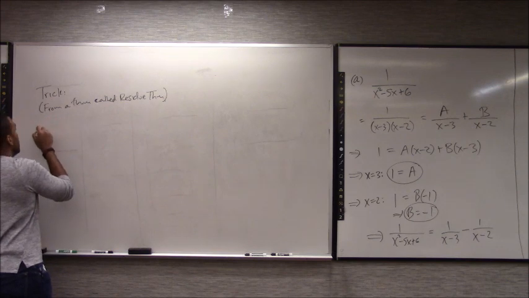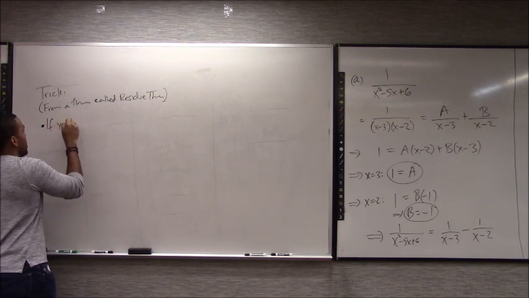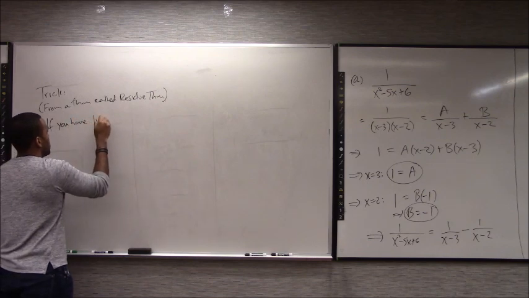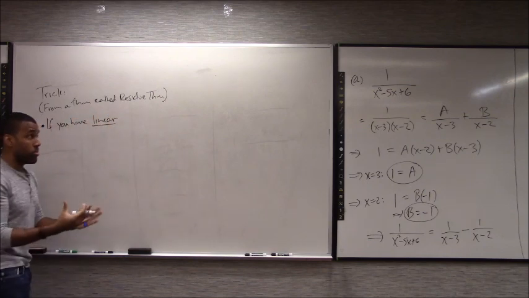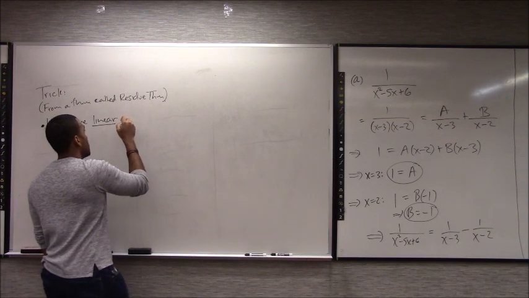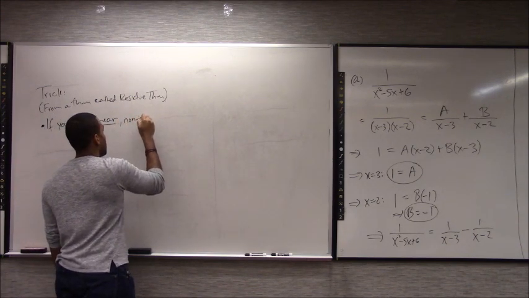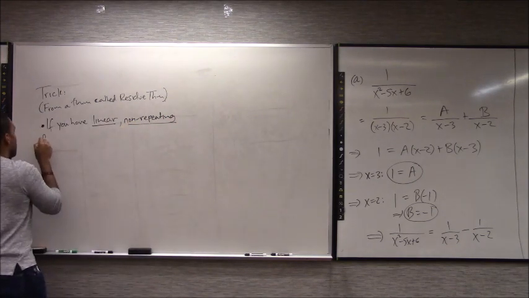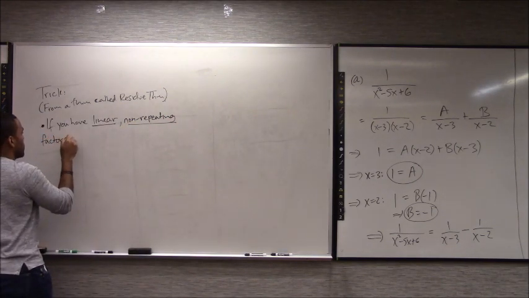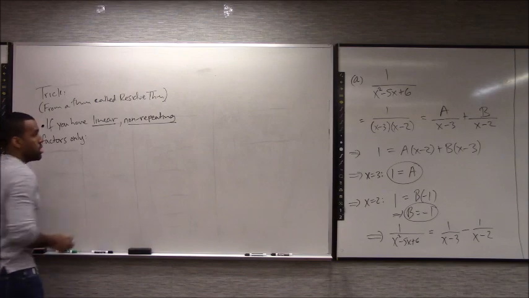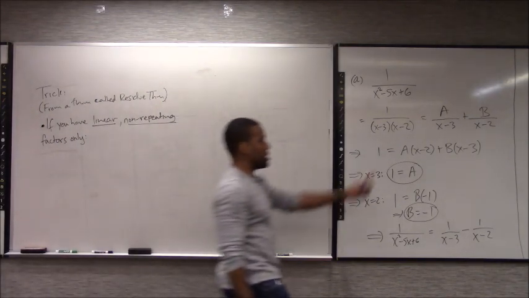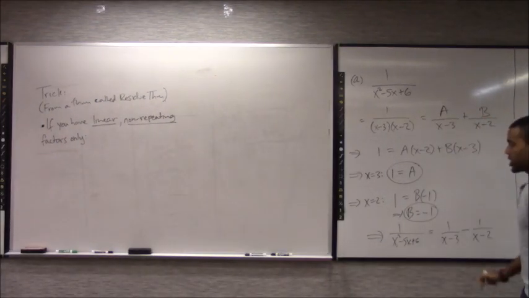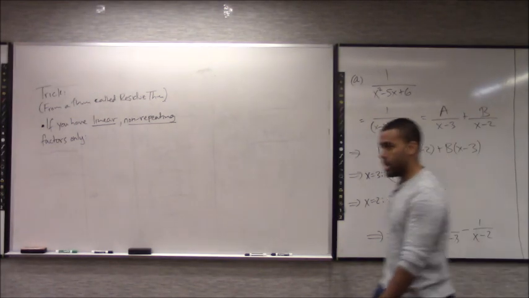So the idea is the following. If you have linear factors, meaning the factors look like mx plus b, non-repeating factors only, then there is a way that you can get to the A and B that is actually a lot quicker than either one of the methods that I gave you.